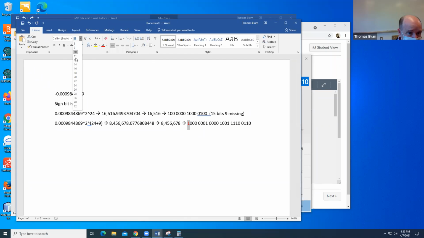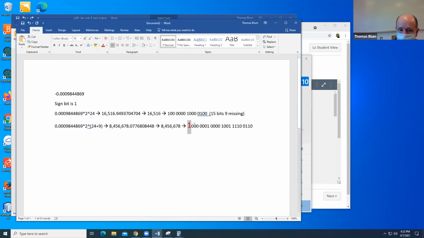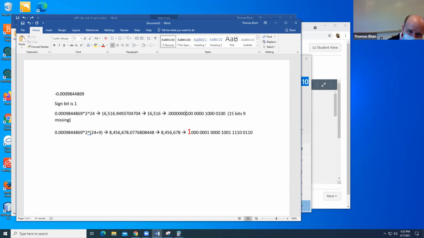So my mantissa is not this red one, but all of the other bits there. I'm thinking of this as dot, then 1, 2, 3, 4, 5, 6, 7, 8, 9.